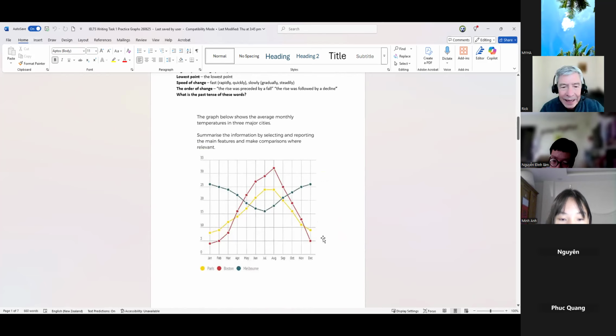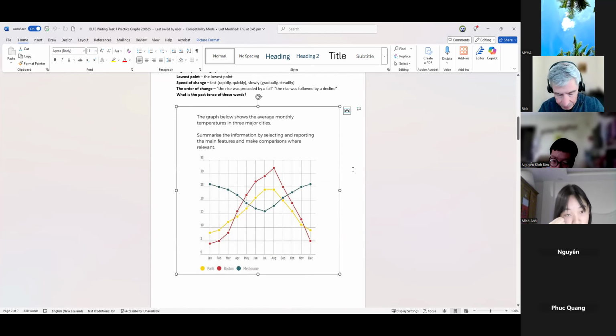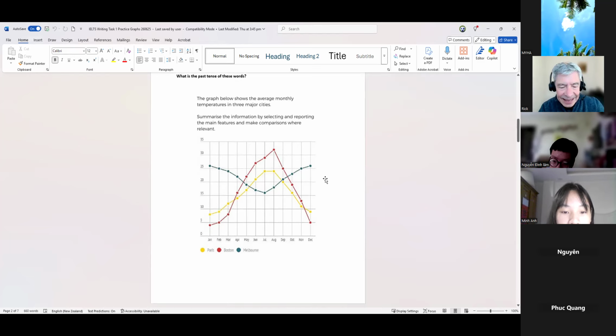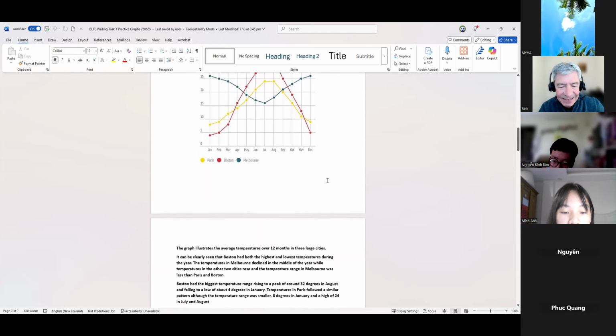Okay, Nguyen, can you please read me the prompt for this graph, please? The graph below shows the average monthly temperature in three major cities. Correct. Okay, that is the prompt. Here is the paraphrase. Can you read the paraphrase, please, Nguyen?